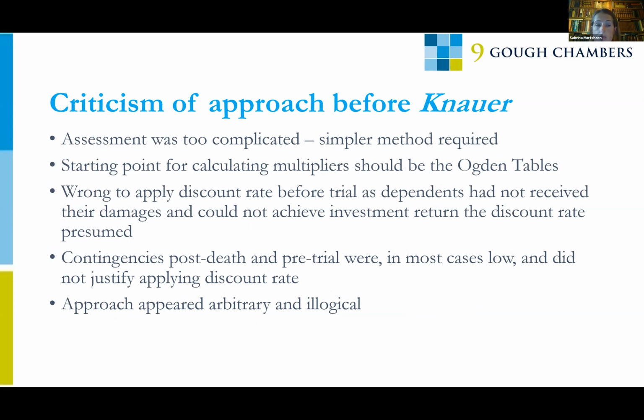Thirdly, it was really wrong to apply a discount rate before the trial, as the dependents hadn't really received their damages and couldn't achieve the investment return that the discount rate presumed. Also, contingencies post-death and pre-trial were in most cases low and did not justify applying a discount rate. And essentially, the whole approach appeared arbitrary and illogical.